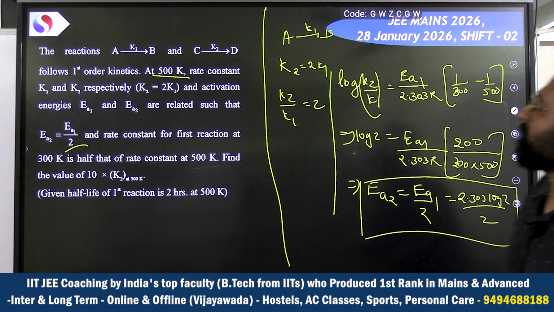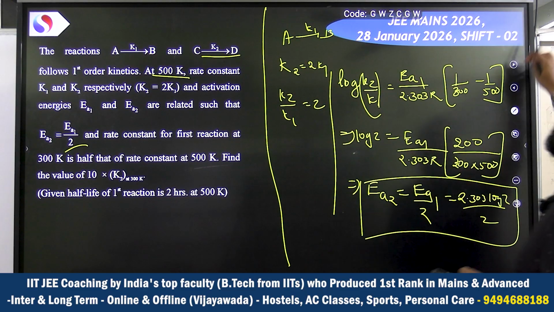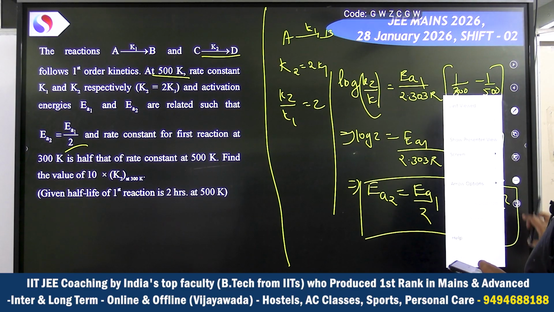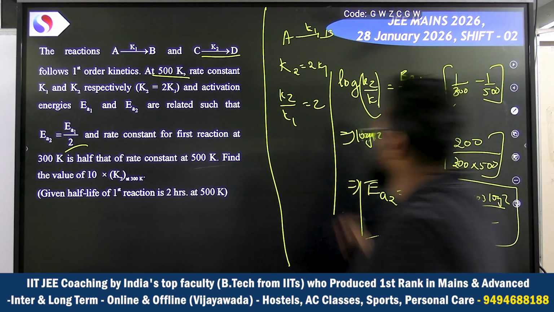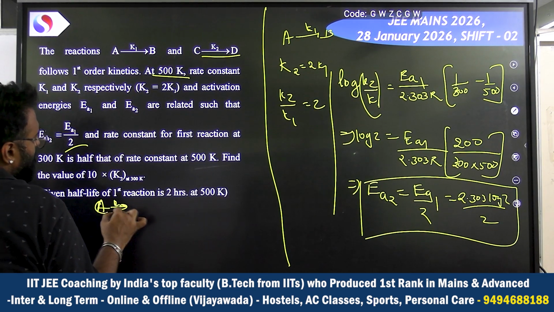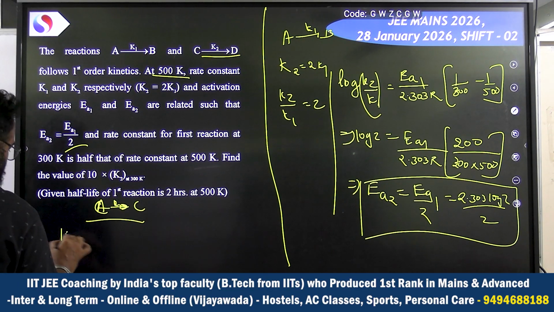Now similarly we have to find for the second reaction K2. So let us find for K2. इसको ऐड कैसे करते हैं यहाँ से? If we need to find for K2, so यहाँ से C K2 gives D. तो same logic we have to apply. तो क्या बन जाएगा हमारा C to D के लिए?